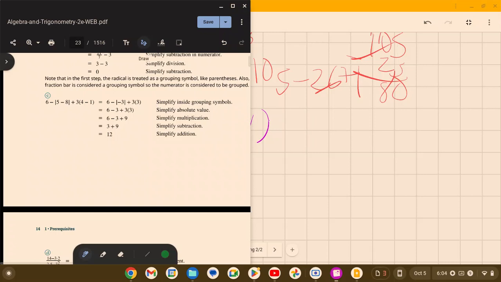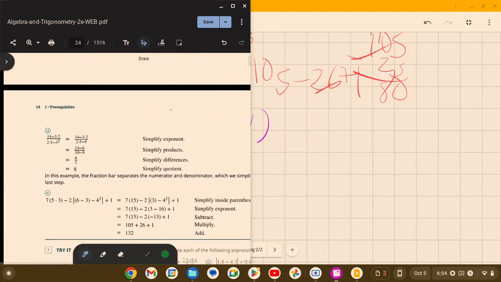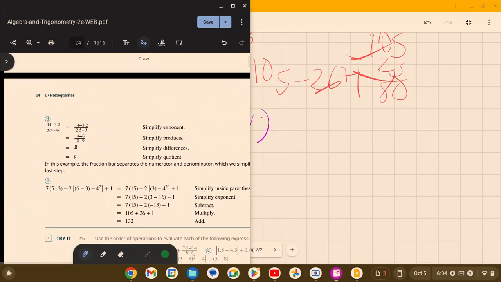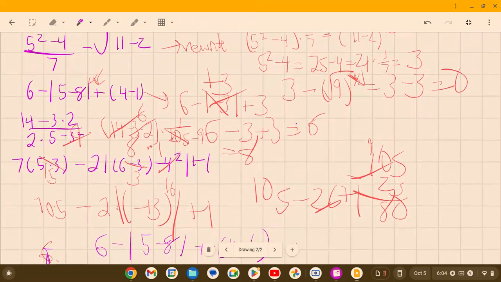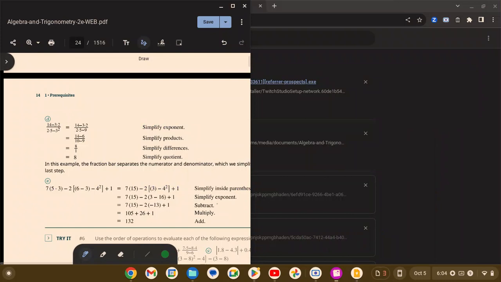Oh, I started it wrong, so I don't need to worry about that. I would have gotten it right. Oh, I didn't think I got that one right. Okay, I got that one right. Okay, and the last one I got wrong.